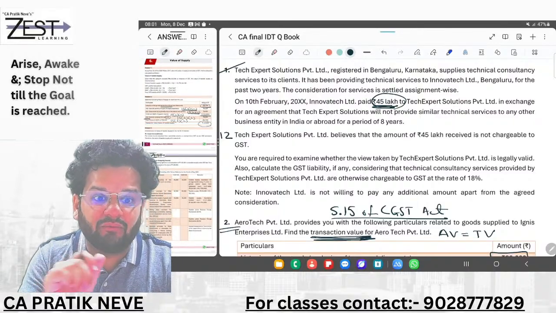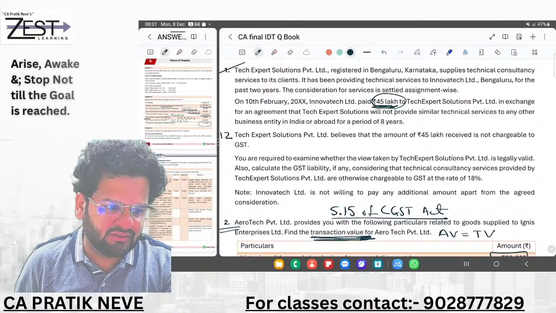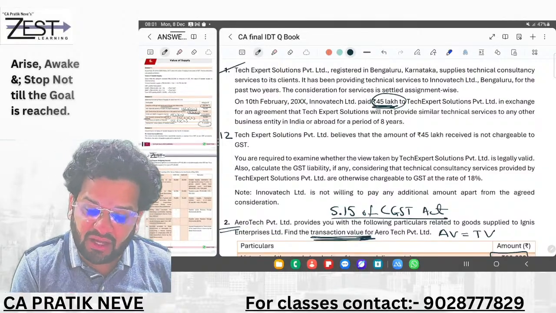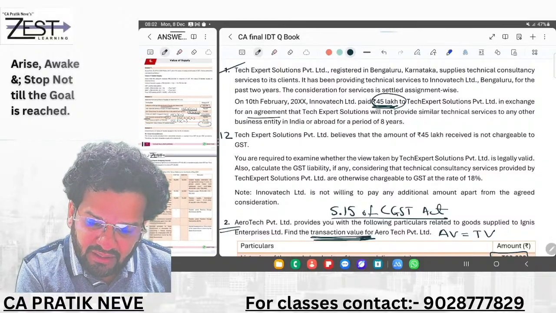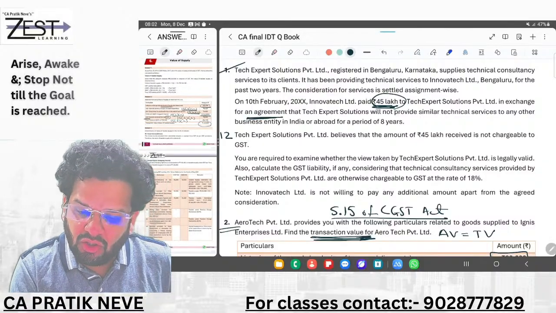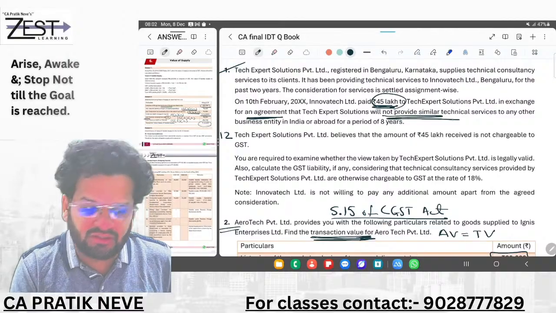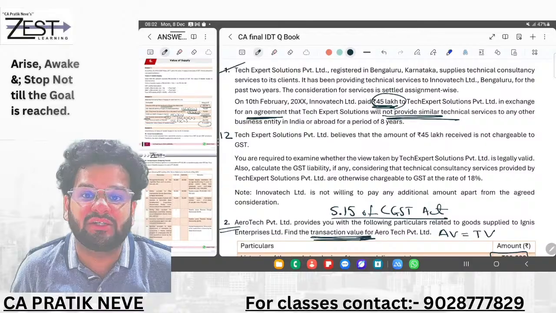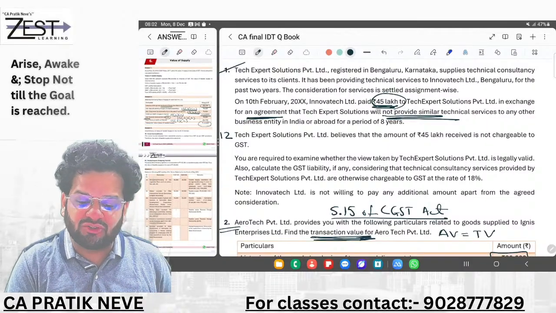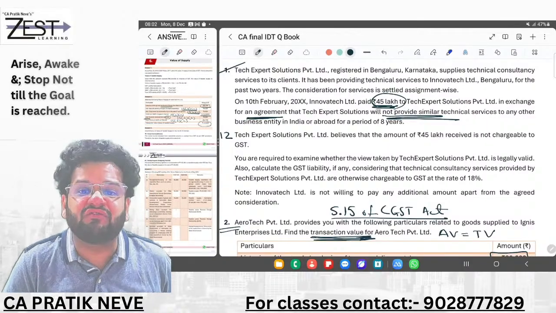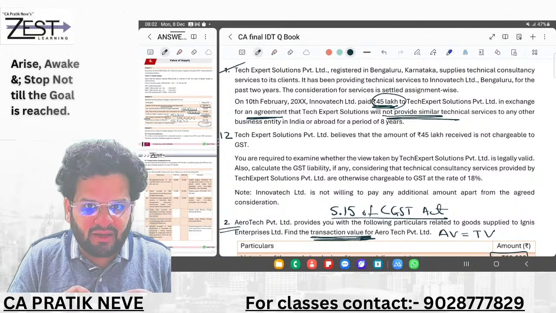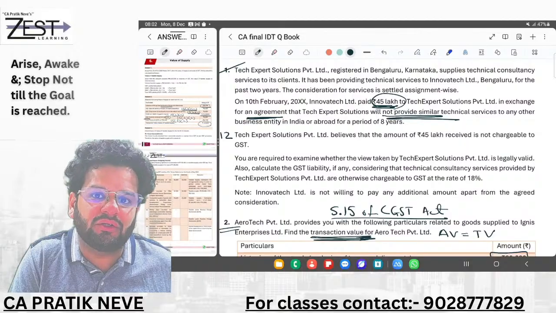And what is the consideration for this? I mean, why have we received this 45 lakhs? It is received against an agreement that we will not provide such services to any other business entity, in India or abroad. So in short, this 45 lakhs is received under an agreement to not do a particular thing.